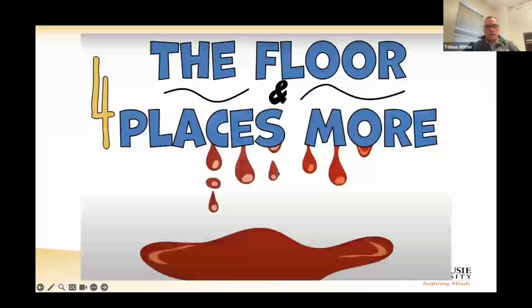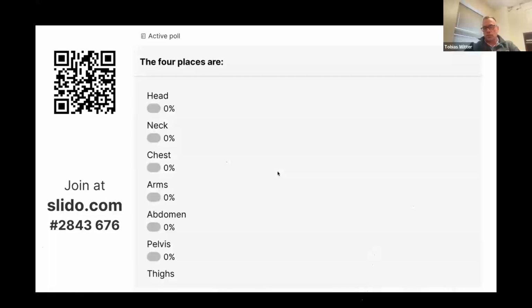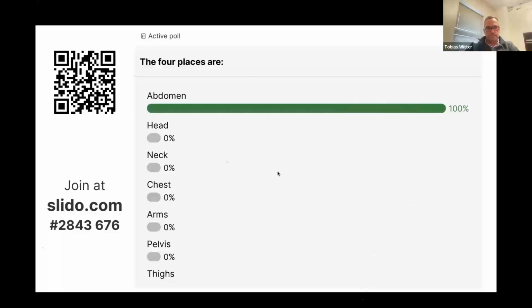So when we talk about trauma, and we're looking for bleeding sources, if the patient's bleeding, we look on the floor and there's 4 places more. So you can use that little saying to figure out where the patient is bleeding from. So obviously, if there's blood on the floor, we have a problem. But where are the other 4 places that we should look to figure out if this patient has a significant bleeding issue?